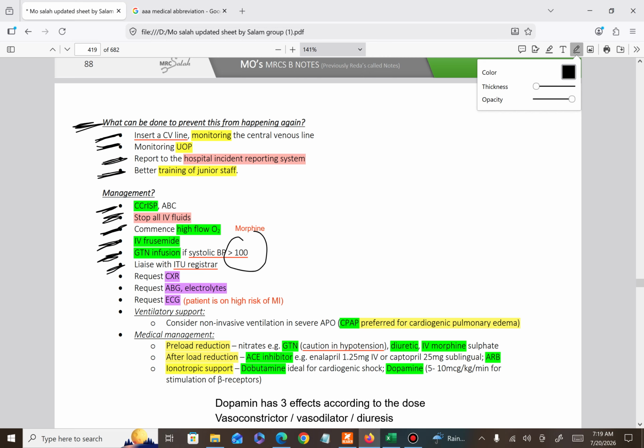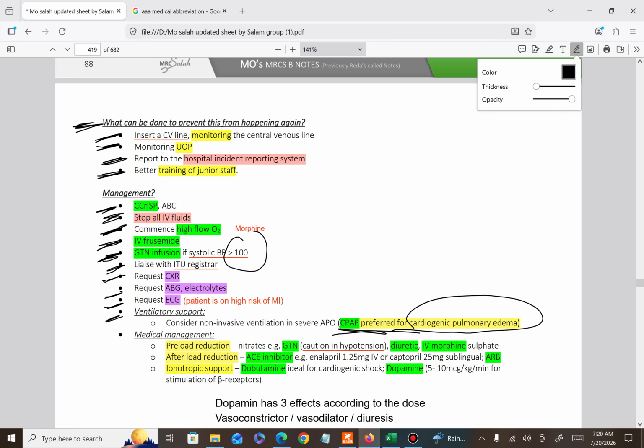Liaise with ITU registrar. Request chest X-ray, request ABGs and electrolytes, request ECG. Ventilatory support. For ventilatory support, CPAP preferred for cardiogenic pulmonary edema.